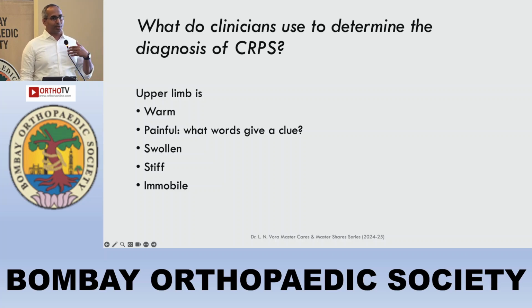And I'm sure that lady who had that hardware accident might have healed also. We don't know. She might be getting back with her deformity, but there is a percentage, as sir rightly said, of people who don't heal and they come to us. And what are your triggers? What do you think of when you feel that this person might be going into CRPS? All of these put together.